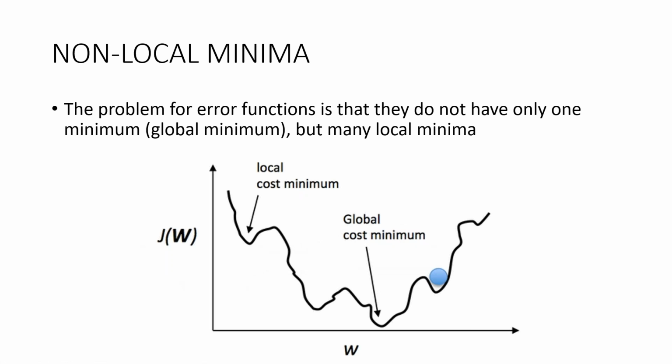The problem in reality is that since you have multiple weights, instead of showing just a few minima like I've shown, where you think it's not that hard to find the global one, in real life, when you have lots and lots of weights, there could be thousands, tens of thousands, hundreds of thousands of these local minima. And frequently you're going to wind up getting trapped in one of these local minima, like this blue little ball did here.